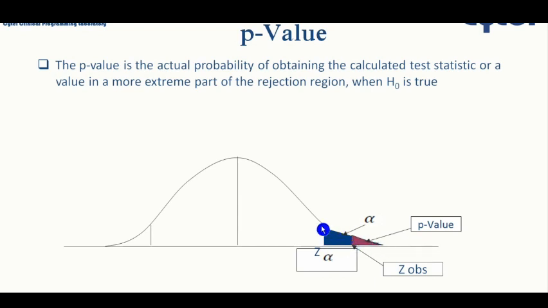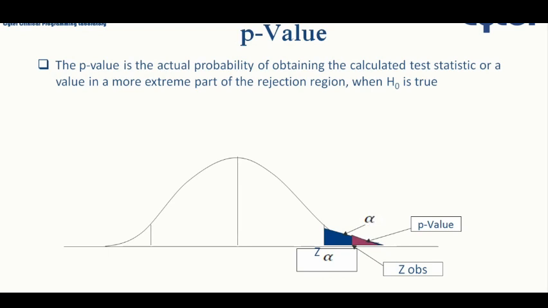This area of this tail is equal to alpha. This is a normal distribution, which is the distribution of the test statistic under H0. We are not interested in those theoretical details right now. So basically, Z alpha is such a point that beyond which the area, and area is nothing but probability, is equal to alpha.